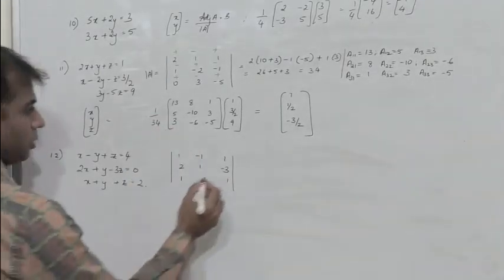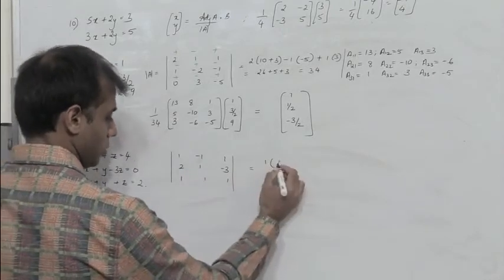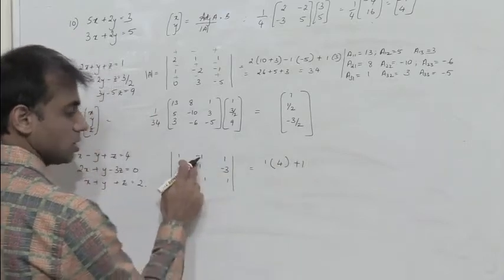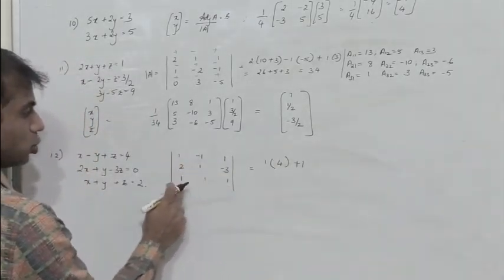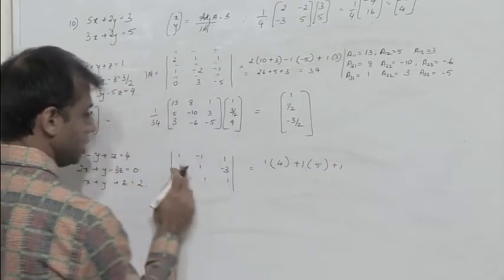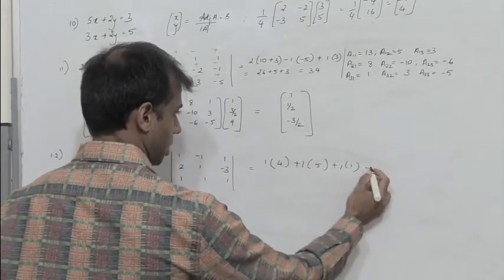So let's find the value of the determinant, which is 1 into 1 plus 3, which is 4, plus 1. So minus of minus 1 is plus 1, 2 plus 3, which is 5, plus 1 into 2 minus 1 is 1. So I get 10.